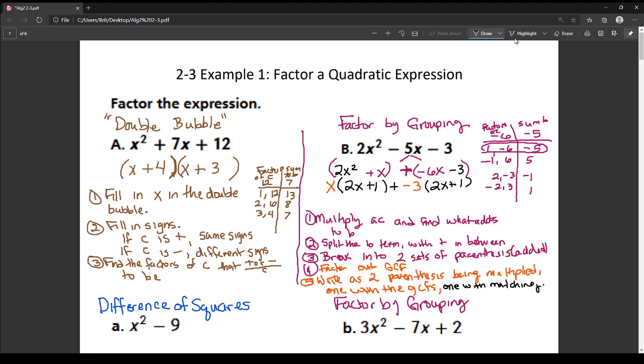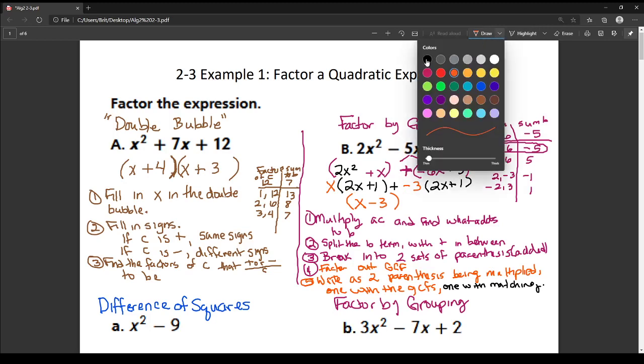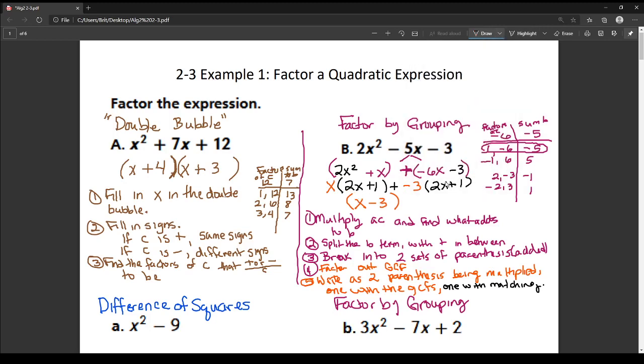Let me show you what I mean by that. So the parentheses with the GCF, I'm going to take the stuff that I factored out of these parentheses and write it out here. So this is x minus 3. And then I'm going to take this set of black parentheses that are there, and I'm going to write the one that's copied. And so this is the factored form.